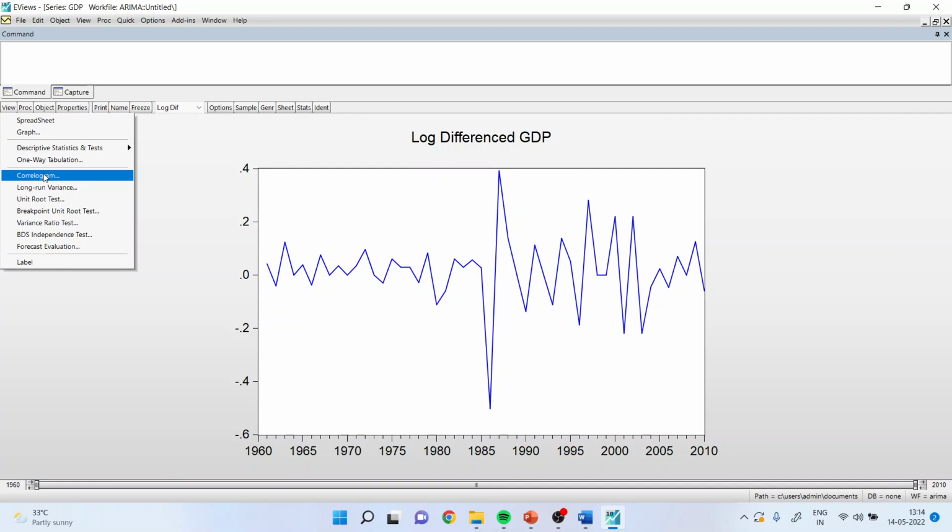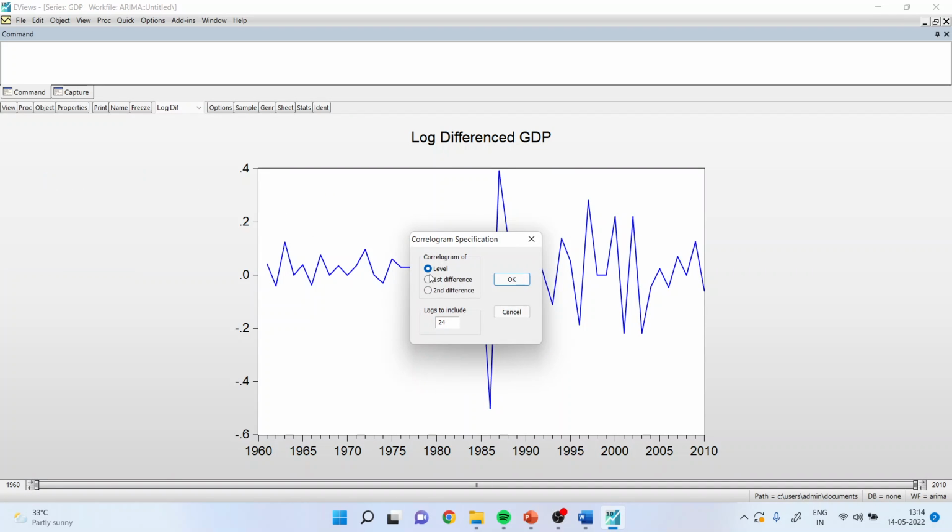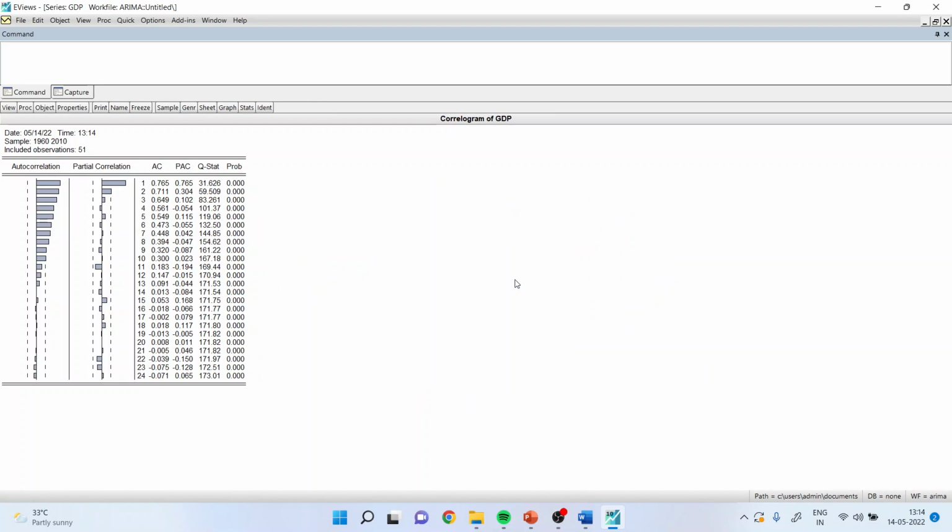Okay. Now we'll have to check whether the series is stationary or not. View, Correlogram. First, we will check at the level. Click OK. Now, needless to say, you must be able to understand how to interpret this autocorrelation ACF and PACF. Very clear. Autocorrelation ACF is geometric and PACF is having one lag.